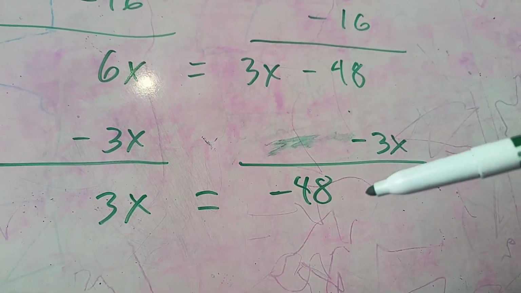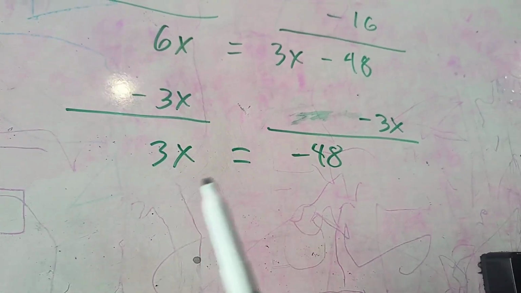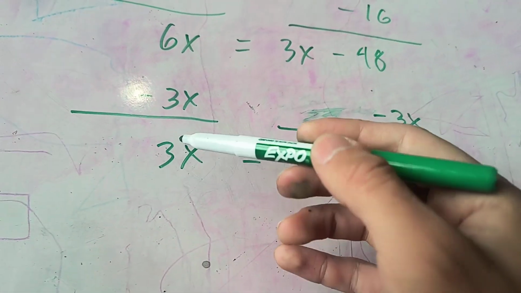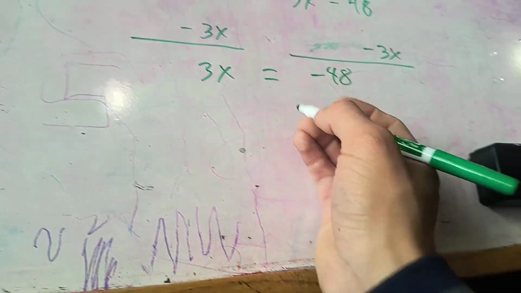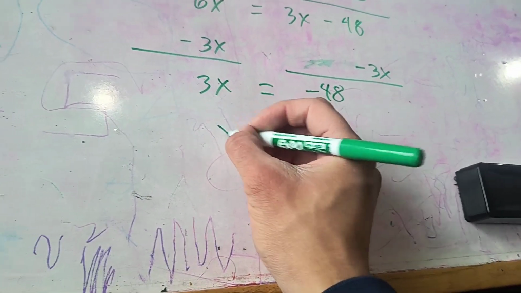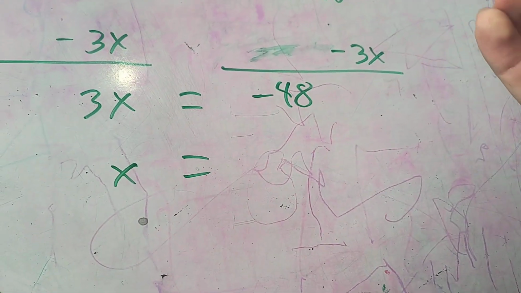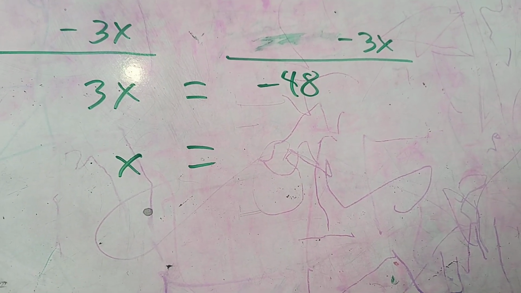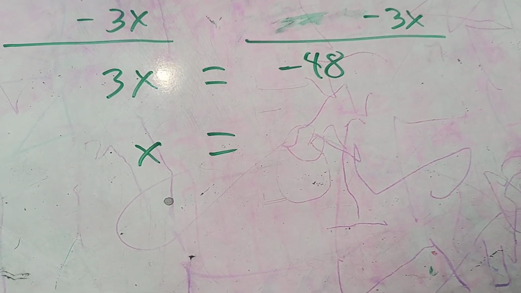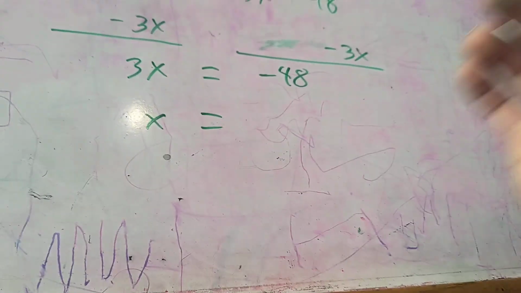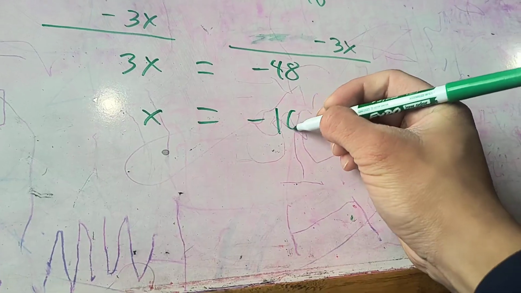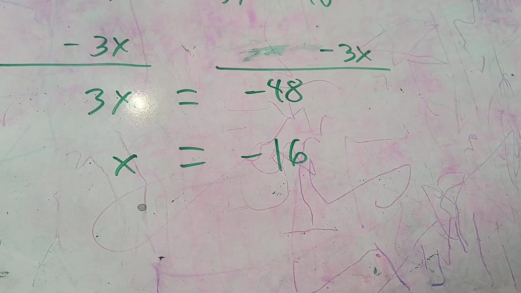So if 3x is equal to negative 48, what we have to do now is divide both sides by 3 so we can get x isolated. So both sides divided by 3, this would just be x is equal to negative 48 divided by 3, which is negative 16. And there we go, we're done.